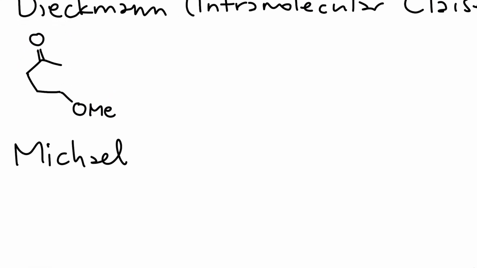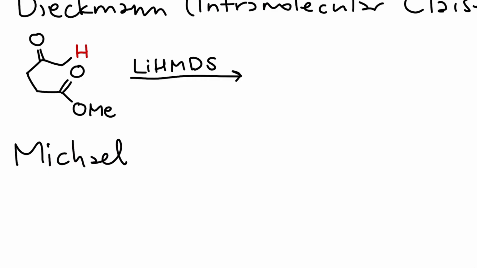and I treat it with a big base, a bulky base. For example, let me give a new one, LiHMDS. That's a big base. So the bulky base will abstract the least sterically hindered proton, and in this case it's going to be this red proton over here. Can it abstract this proton on the other side?